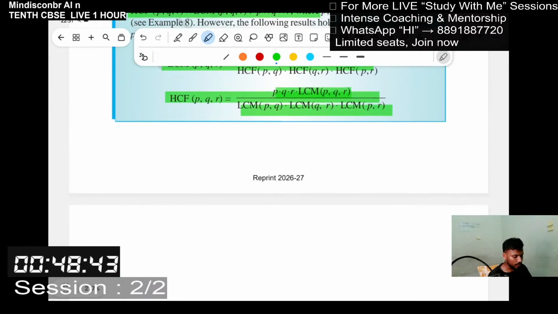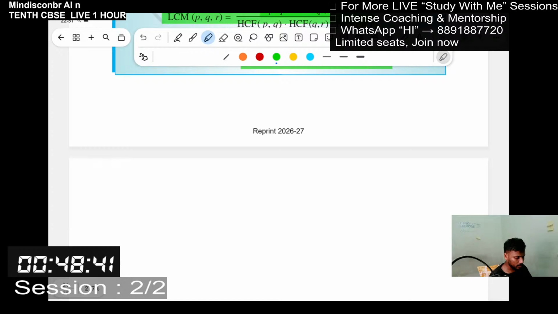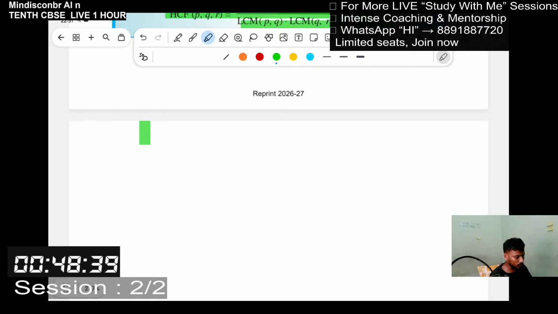For example, if we are taking 2, 3 and 4 as examples.